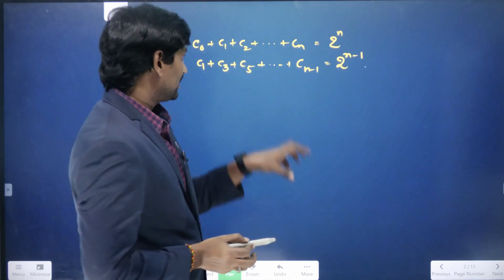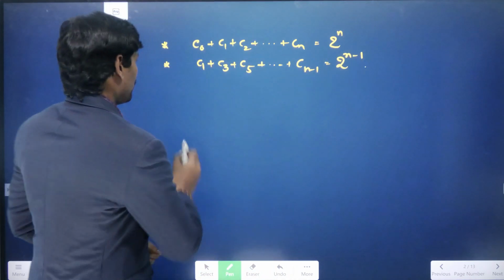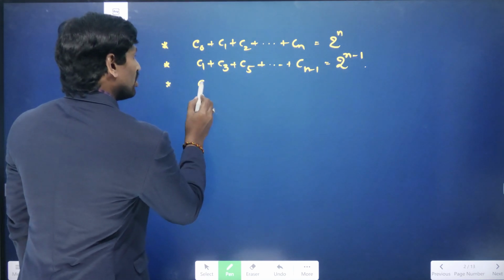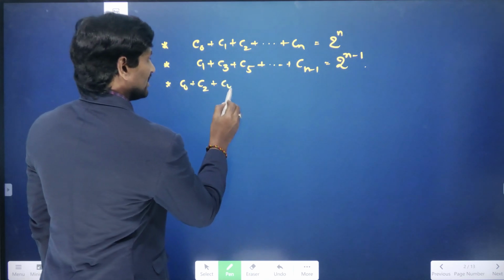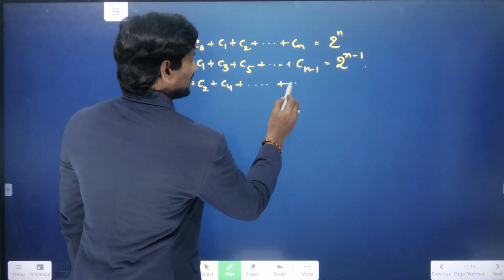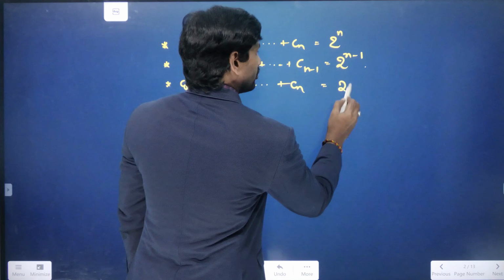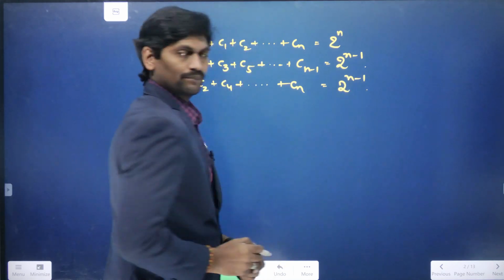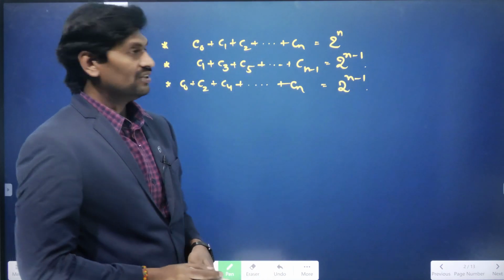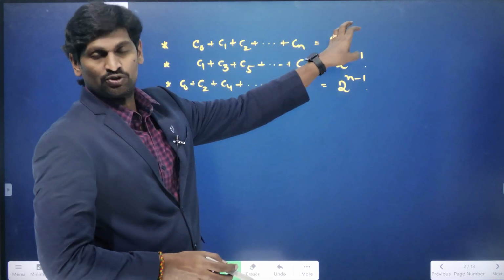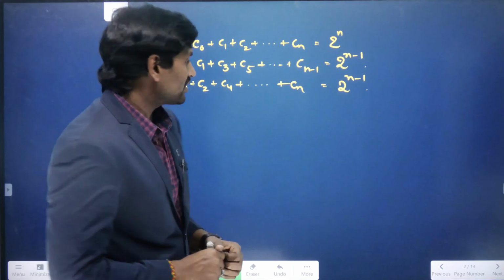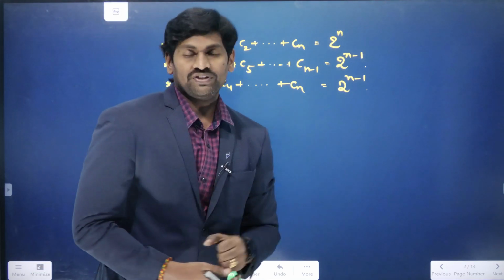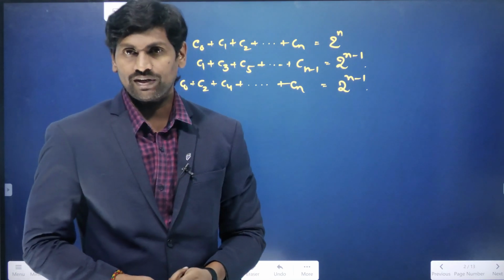In the same way, the sum of even coefficients, C0 plus C2 plus C4 plus and so on, equals 2 power n minus 1. So the sum of all coefficients is 2 power n, the sum of odd coefficients is 2 power n minus 1, and the sum of even coefficients is also 2 power n minus 1.